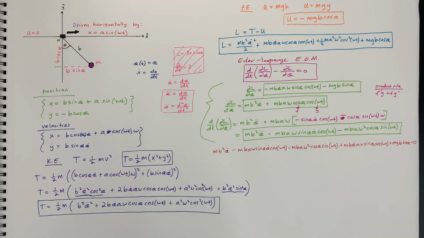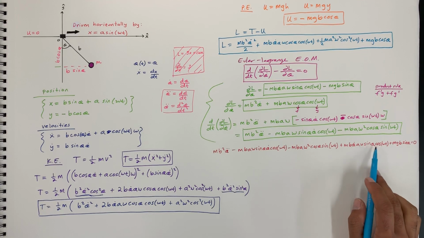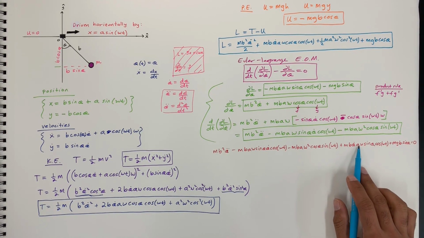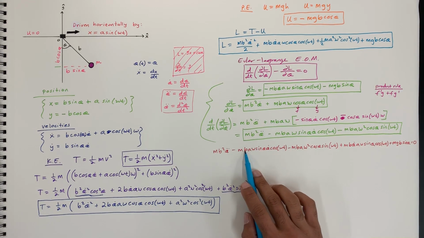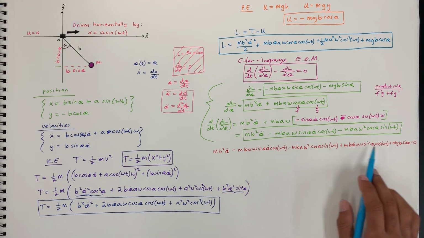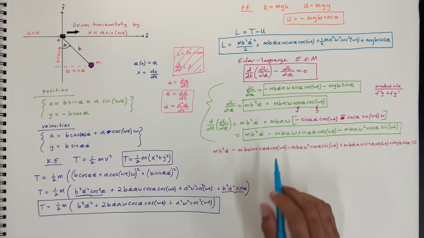So let's see if we can find things that cancel out. We got this term here that has m b theta dot a omega, m b theta dot a omega, sine and cosine, positive and a negative.